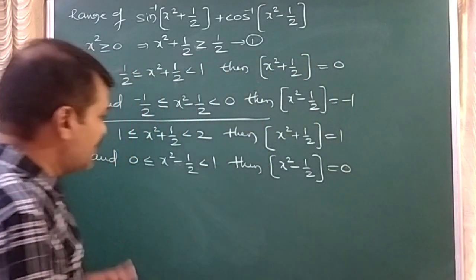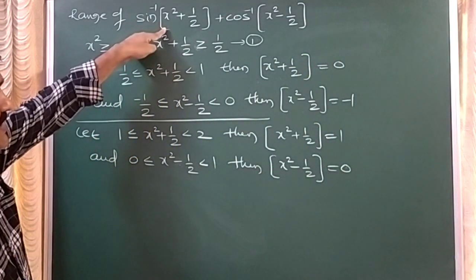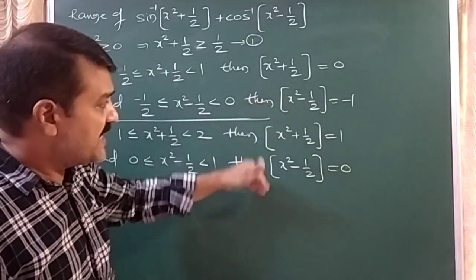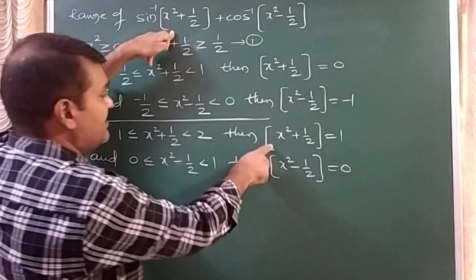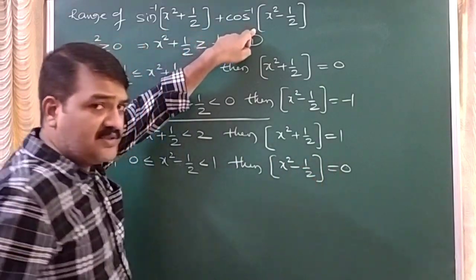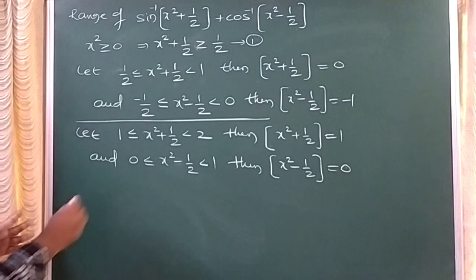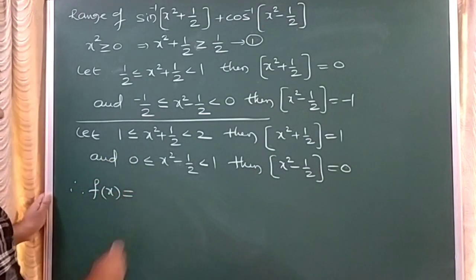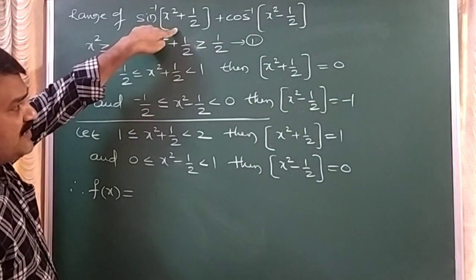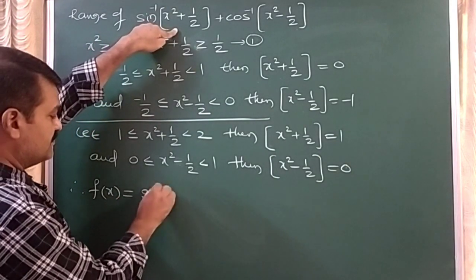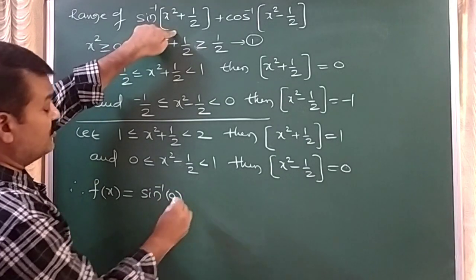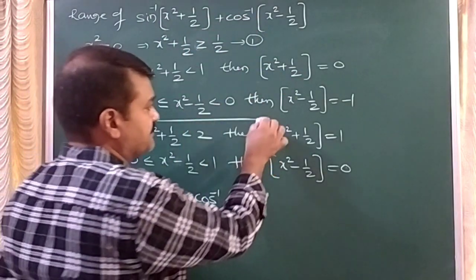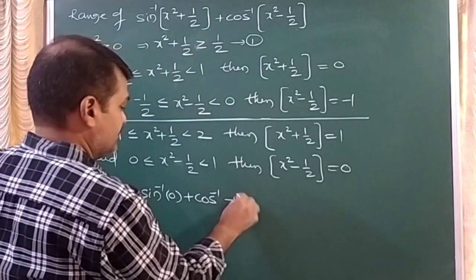Okay. So therefore, whenever this step is 0, we got this step as −1. In the second case, whenever this step is 1, we got this step as 0. So what are the function values now? Observe. The first case, when the first bracket is 0, we got the second as −1.